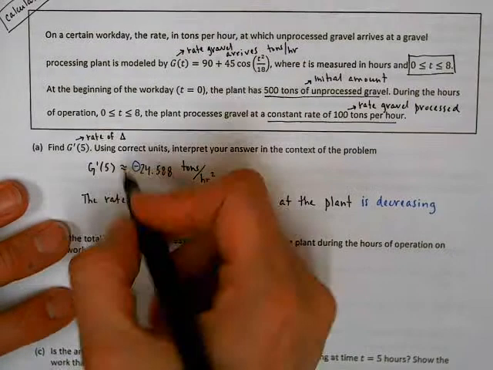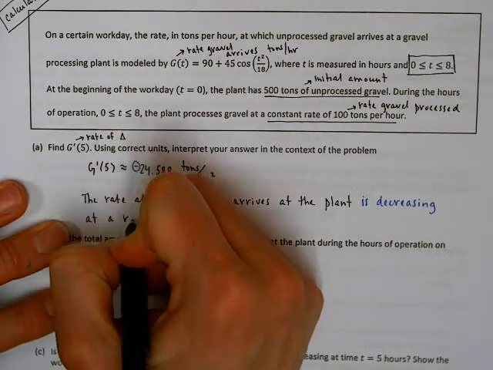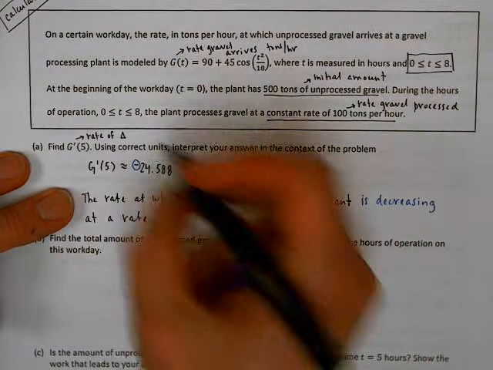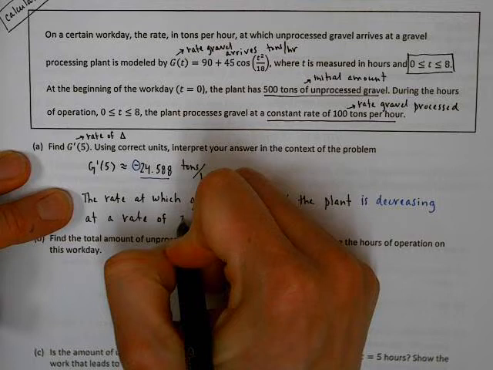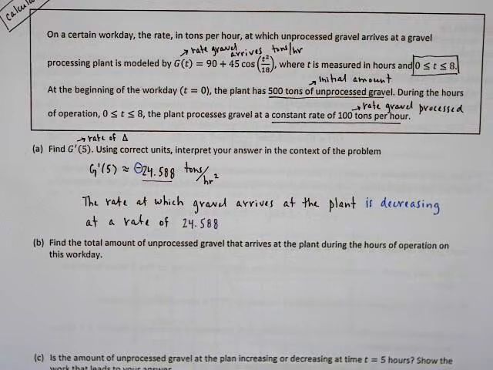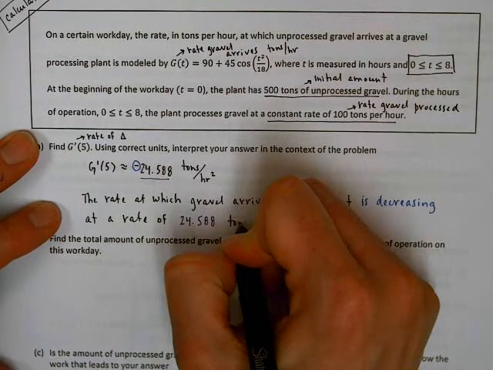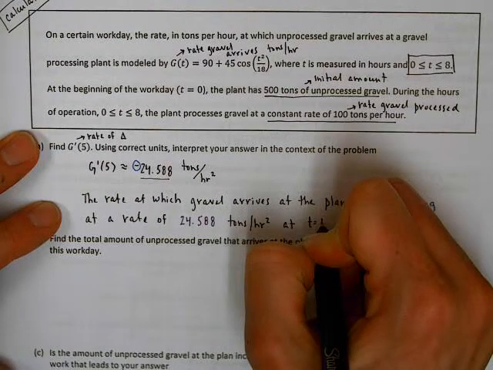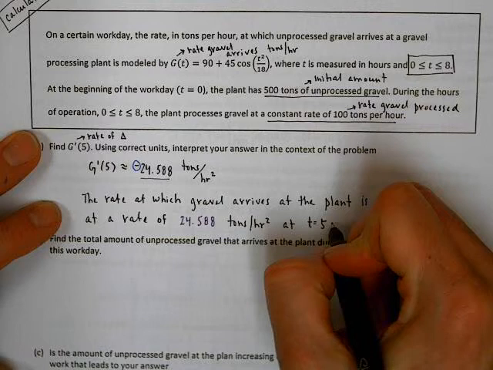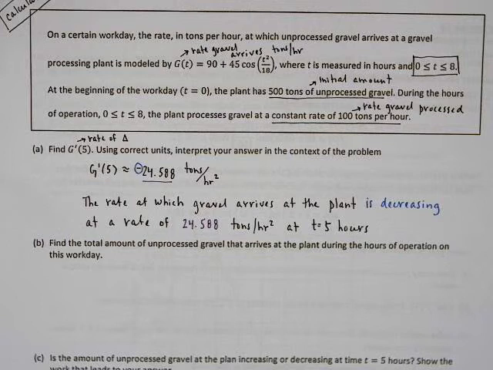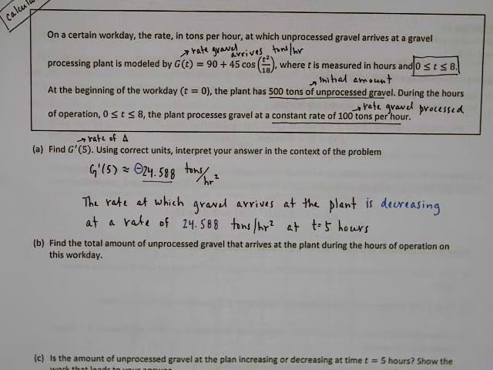It's decreasing because that was negative, at a rate of, now we would just take the value. We've accounted for the negative, so we're just going to take this value, 24.588, and include the units. And we're going to include at time t equals 5, and t was measured in hours. So the rate at which gravel arrives at the plant is decreasing at a rate of 24.588 tons per hour squared at t equals 5 hours.